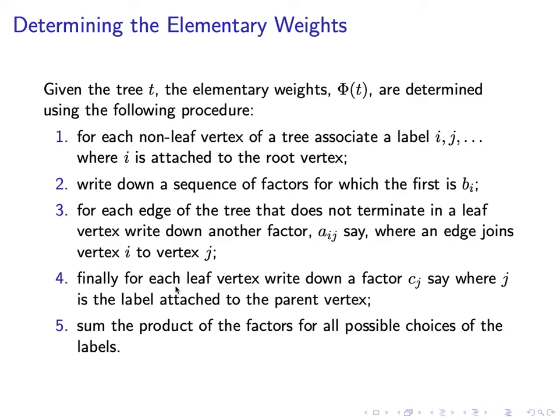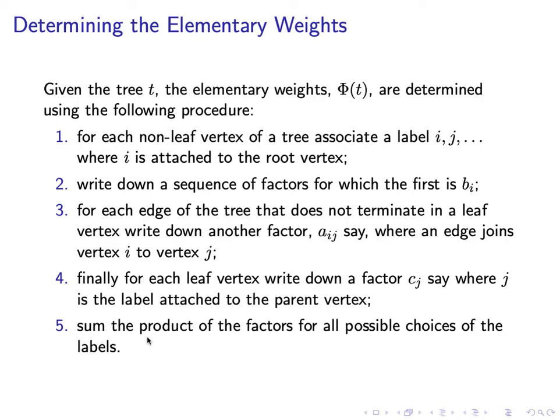And for each leaf vertex, we write down a factor C_j, where j is the label attached to its parent vertex. So the elementary weights always start with b_i. Then we may have some A values, depending on what your tree looks like, and we'll have C values, which are for the leaf nodes.